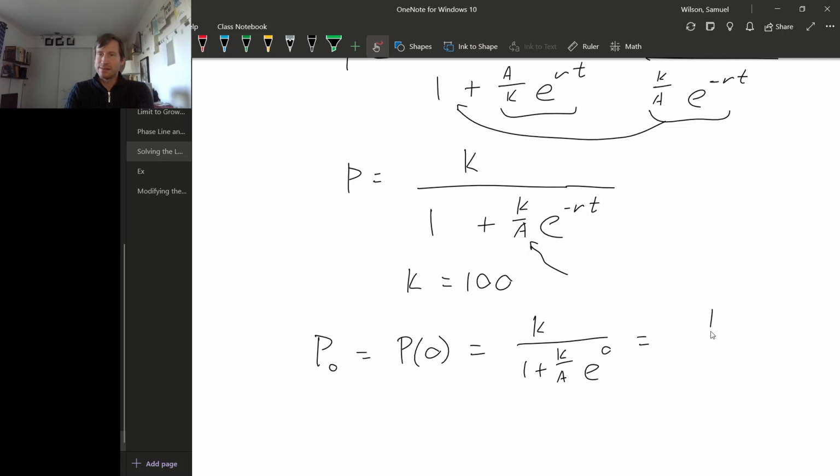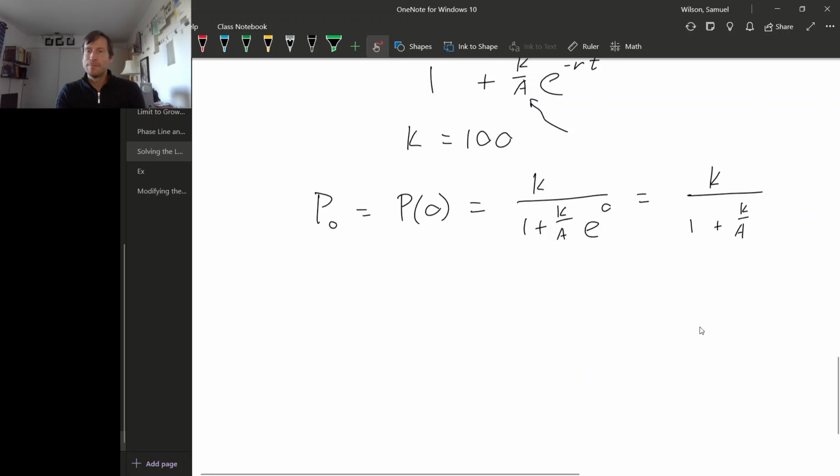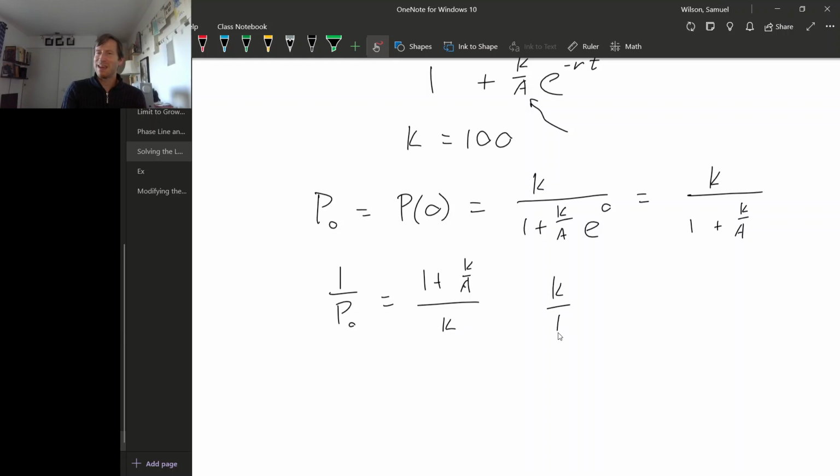So that's K over 1 plus K over A. Okay, and now we can solve for A. Take reciprocals on both sides: 1 over P sub 0 equals 1 plus K over A, over K. Let's multiply both sides by K. K over P sub 0 equals 1 plus K over A.